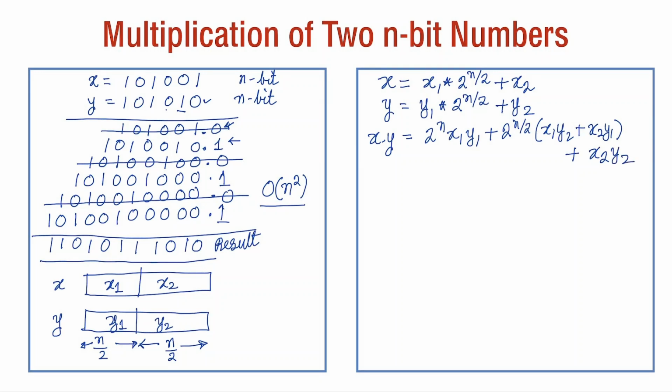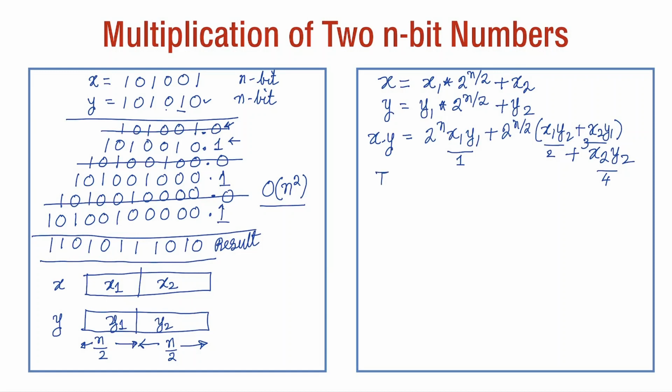Now if we analyze the complexity of this, we see that we have broken the problem into 4 multiplications, 1 here, 2 here, 3 here, and 4 here, and each of them is of size half.